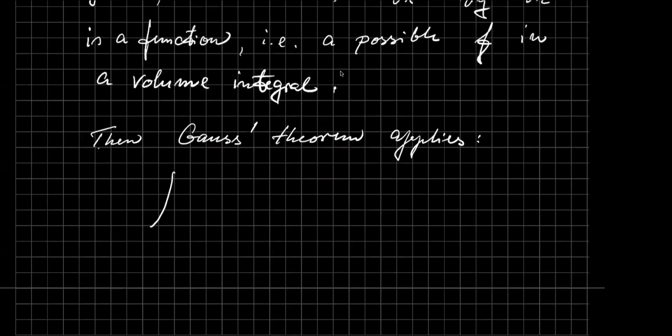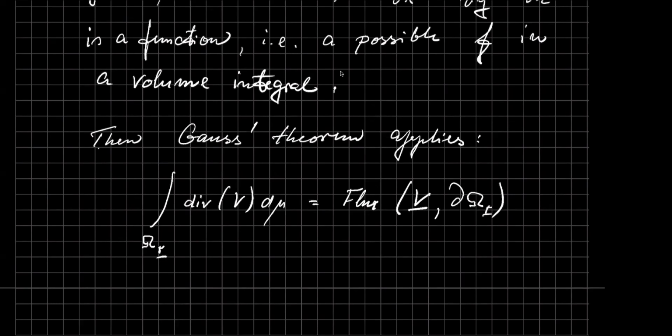So it says that the volume integral over the solid region of the divergence of the vector field is equal to the flux of the vector field through the boundary of the solid region. Like this. Okay.